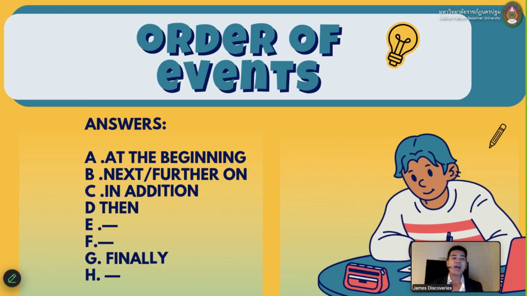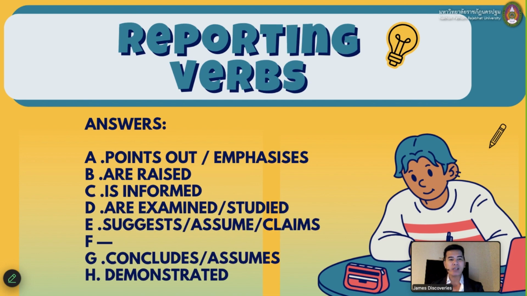Next, so this is how you're going to write a good summary, organizing a good summary. You just add 5 sentences with that. In addition, then finally, that's it. Just 5 or 6 sentences for doing the summary. Okay, so let's go back. This is very useful in doing the summary.